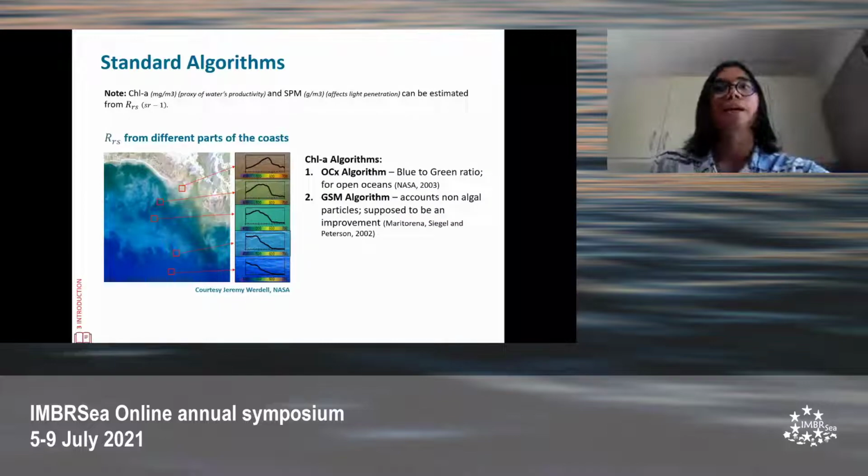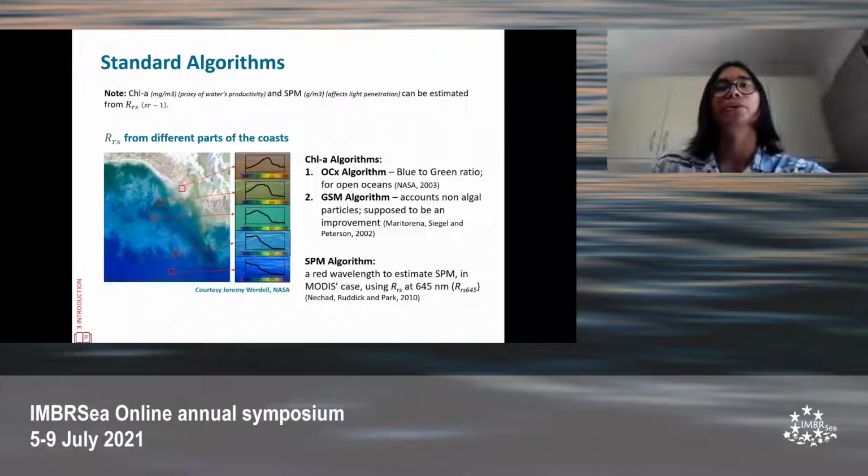So there are many algorithms, but about the common ones. For example, the chlorophyll algorithms, we have the OCx, and simply it estimates by the ratio of the blue and the green wavelengths. They improved it with another algorithm called the GSM, and it also accounts for non-algal particles.